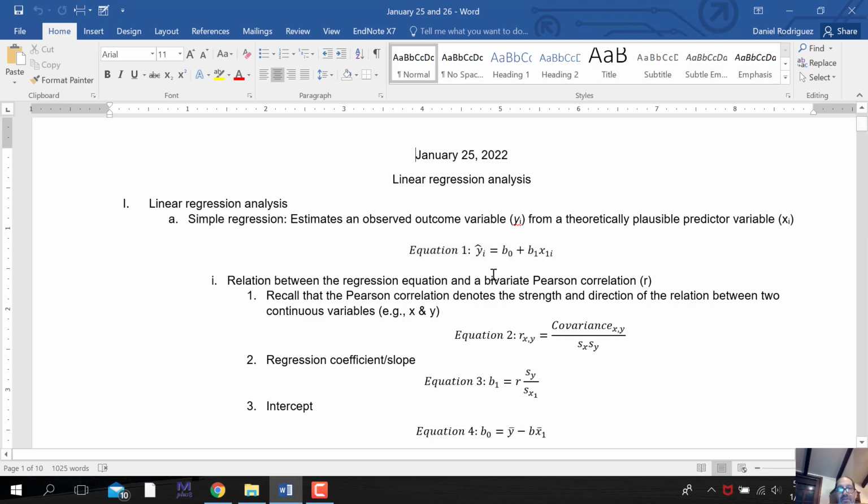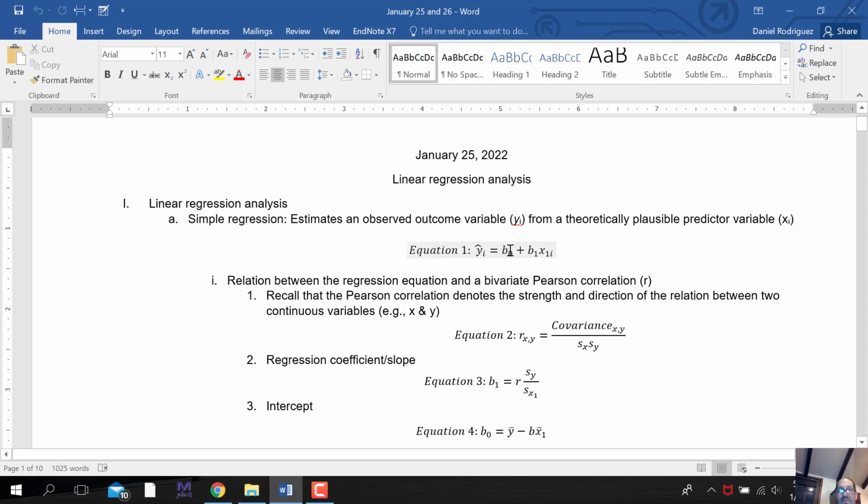So it's an individual value. So we have y hat, so this is an estimated outcome, and this outcome is predicted by some variable called x1 sub i. So the i indicates that both the predictor variable and the outcome are individualized. So each individual has her own value on these two variables.